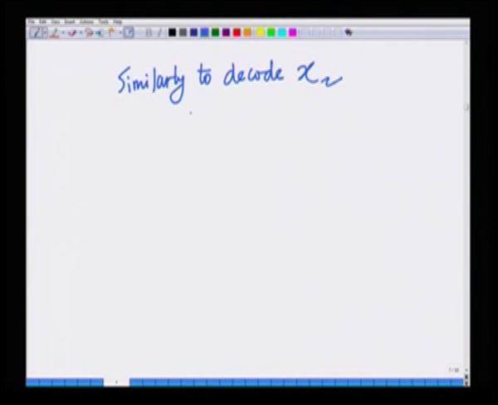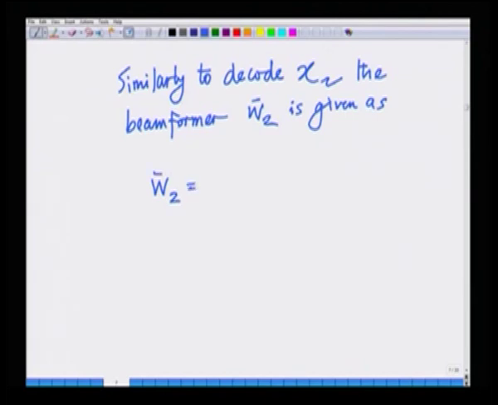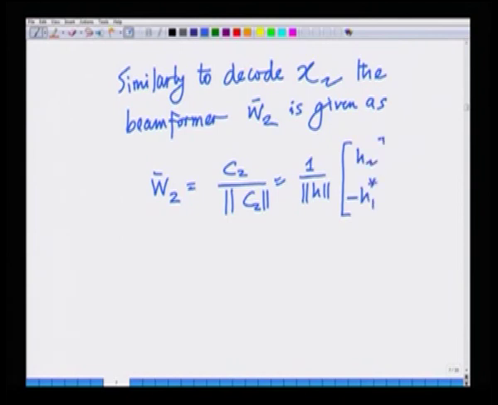Similarly, to decode x2, the beamformer W2 bar is given as W2 bar equals C2 divided by norm of C2, which is again nothing but 1 by norm of H times H2, minus H1 conjugate.